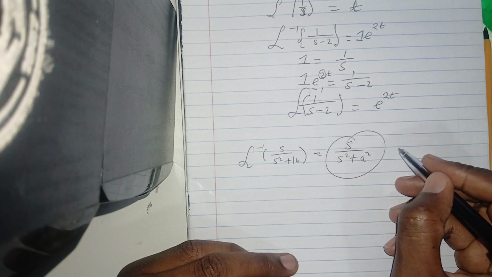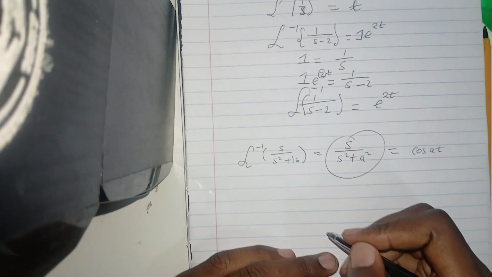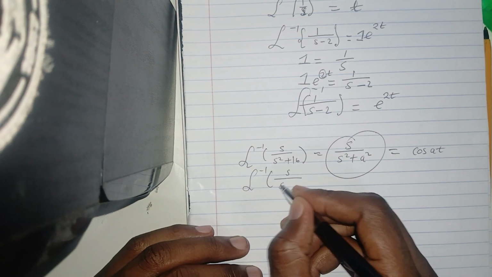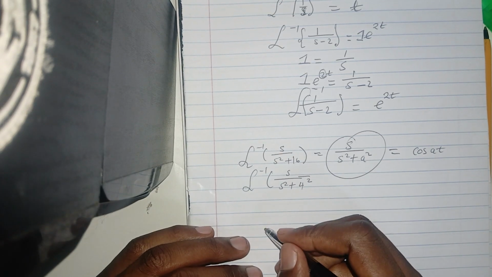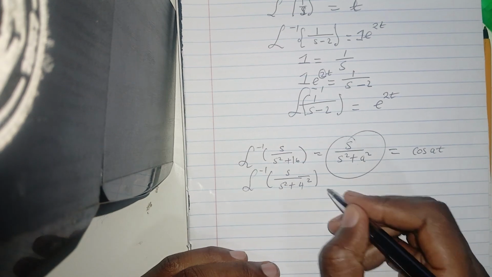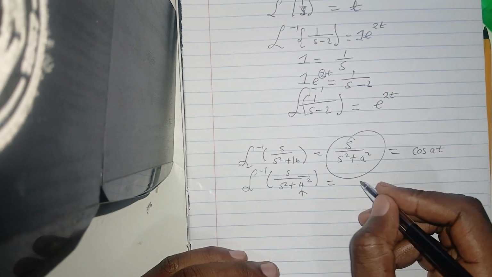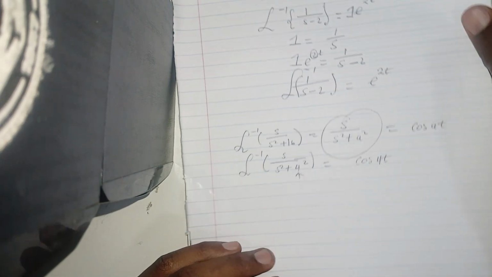And then this is equal to what? Cos at, right? So now if we can bring this into a form of this, we'll have what? 4 to the power 2, right? So when we have 4 to the power 2, now we know that this 4 is acting as a, so that means it will be cos 4t, right? So this is the inverse.